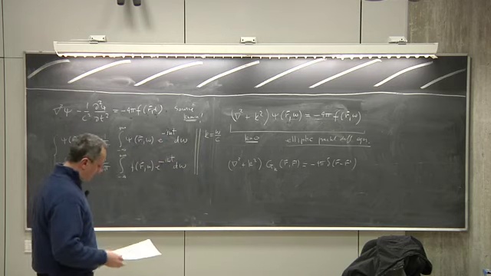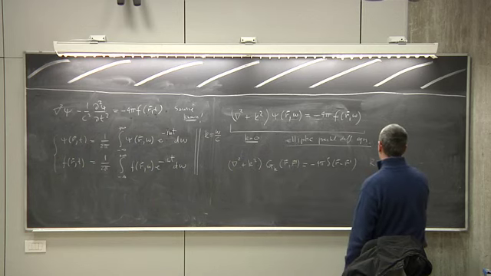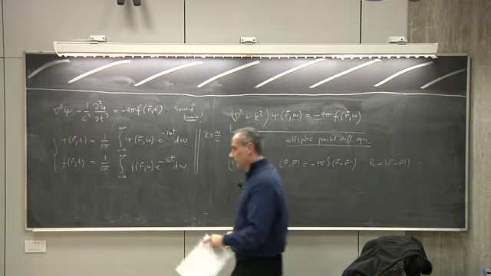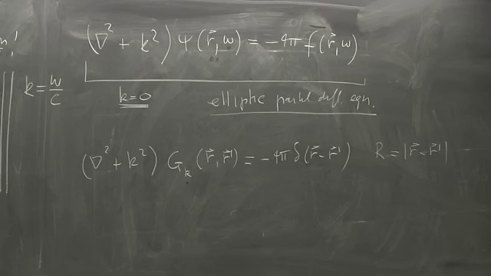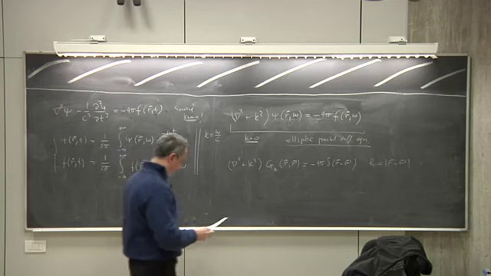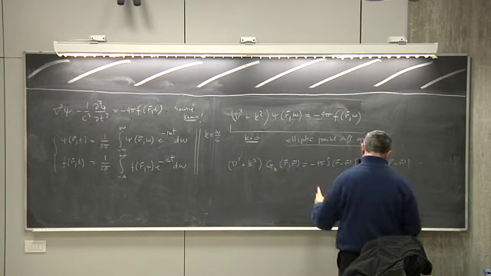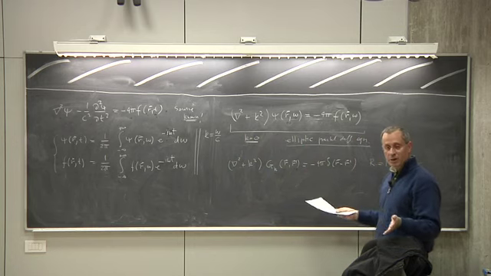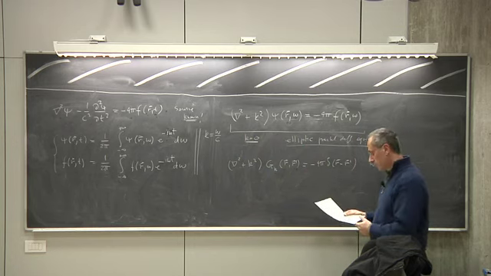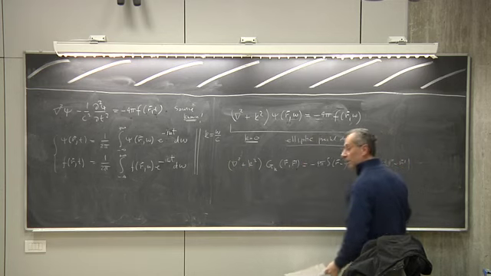Like for the Poisson equation, let's call big R the actual distance between these two points. Because of the symmetries, and because there are no boundary terms in this problem, this Laplacian can only depend on big R, right?